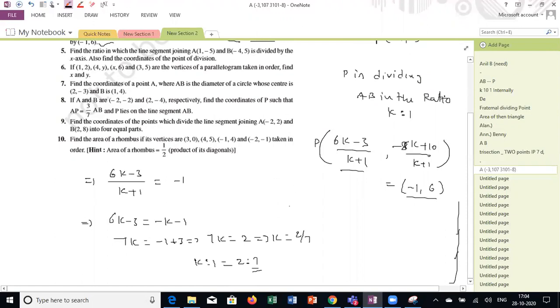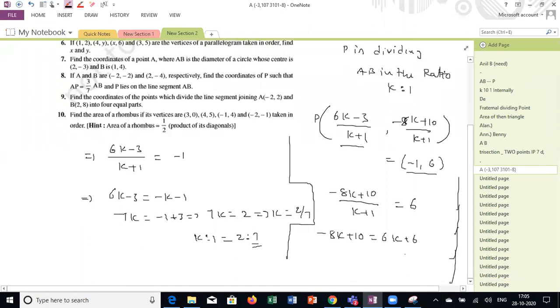To check whether my answer is correct or not, take the y coordinate and you should get the same answer. Minus 8k plus 10 by k plus 1 will be equal to 6. From here, minus 8k plus 10 is equal to 6k plus 6. Where are we missing?